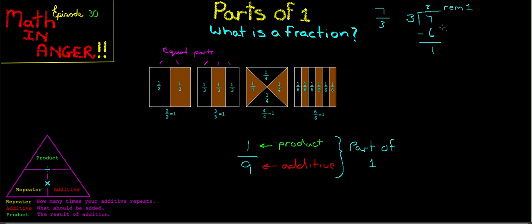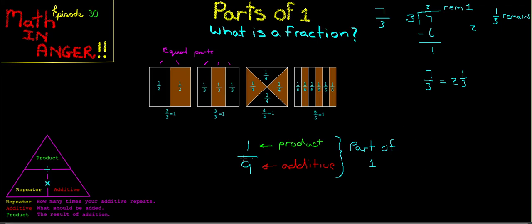What you are saying there is that you've got 2 whole things and 1 of 3 remains, is left over. So you can go and write that 7 of 3 is in balance with 2 and 1 of 3. All right?